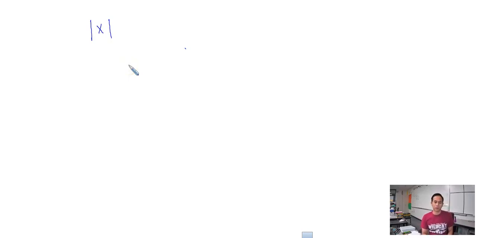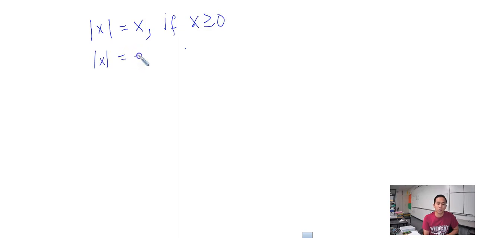Algebraically speaking, the absolute value of x is equal to x if x is greater than or equal to 0. The same way, the absolute value of x is equal to negative x if x is less than 0.